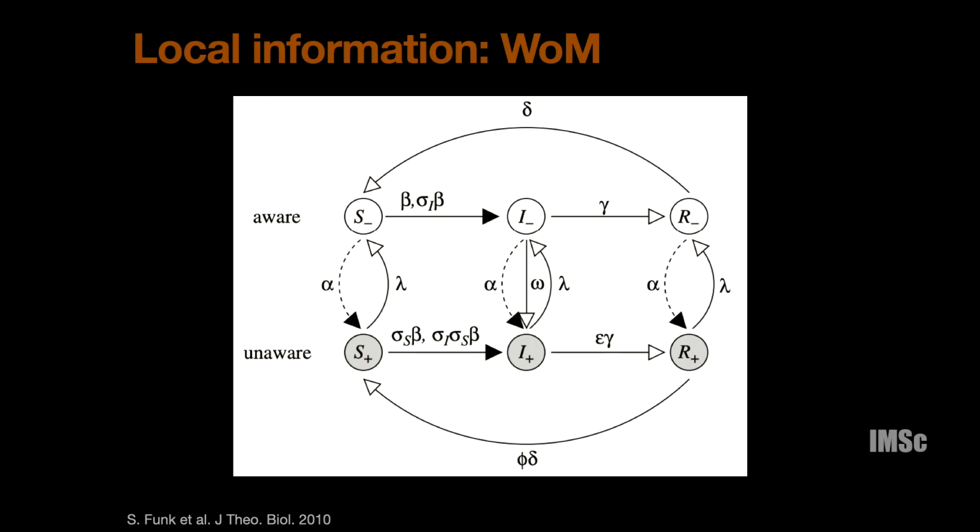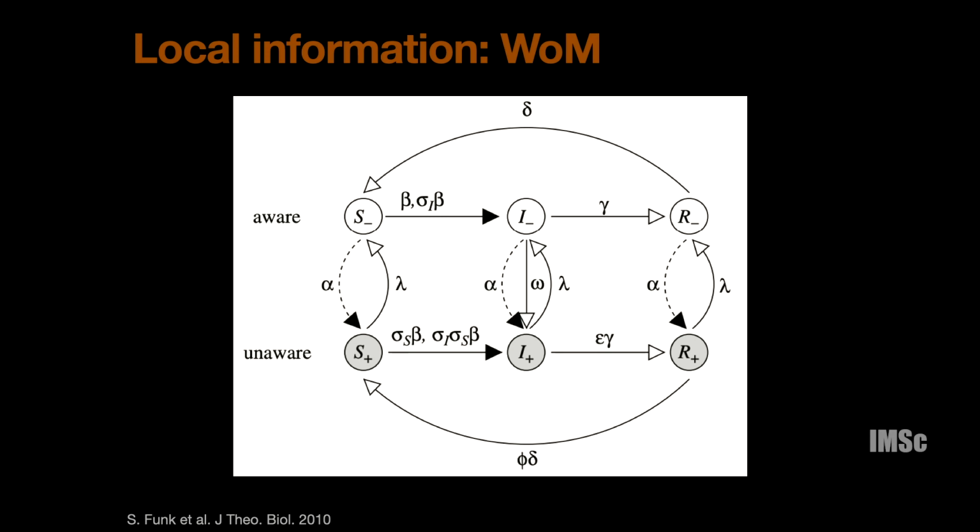So we have a SIR dynamics going on, that's one contagion, the epidemic, and then there is the information as well. I assume that if you have information, you are going to act on it, and only then you are considered aware, otherwise not. And then you can lose the information as well.